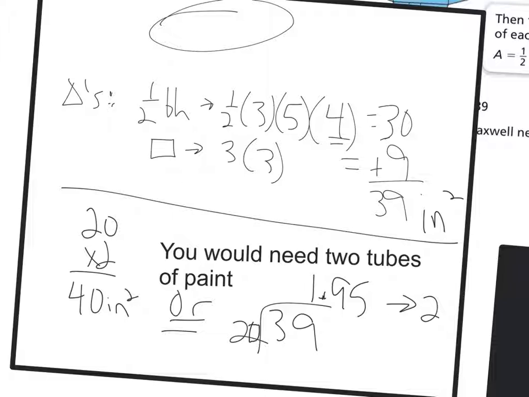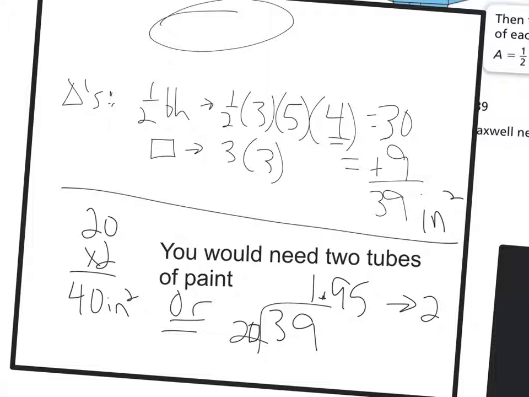Even with doing that whole bottom, that's still keeping us under the 40 square inches that we could cover with 2 tubes. And so either way, whether we paint the whole bottom or not, we're going to need 2 tubes of paint regardless.